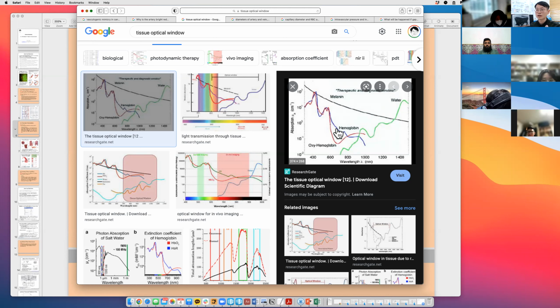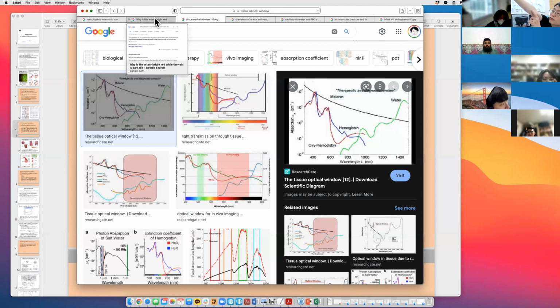That's why it's a darker red. I hope this makes sense. But the real question is why this superficial vein looks bluer or even green. As Youngmin says, green is also possible.